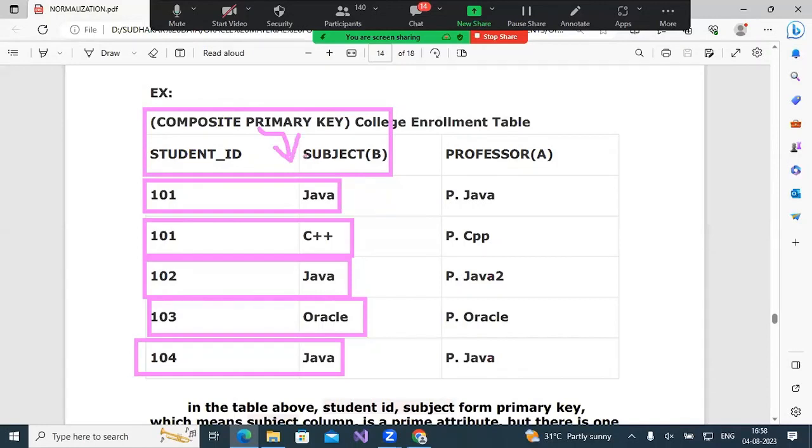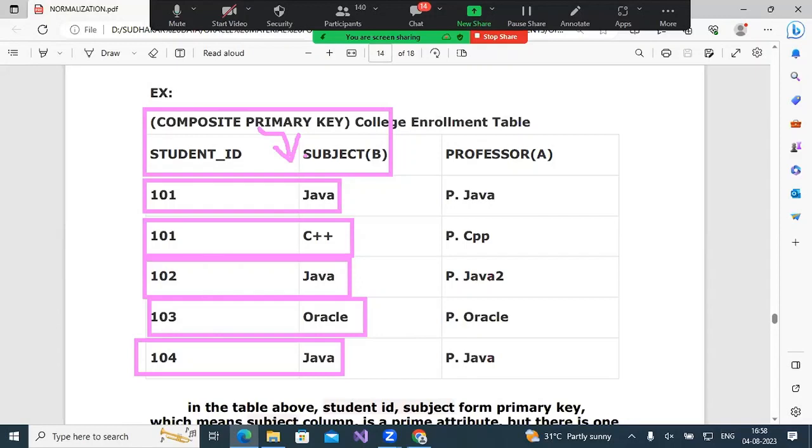Composite primary key means that on however many columns you applied your primary key, those columns are checked for data combined, not individually. If you check individually, duplicates are there, and your logic will be missing. That's why, for a composite primary key, these two are checked in combination.